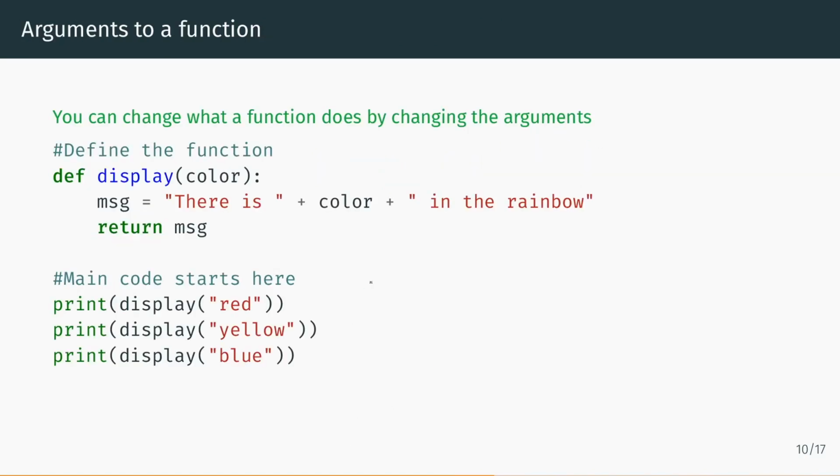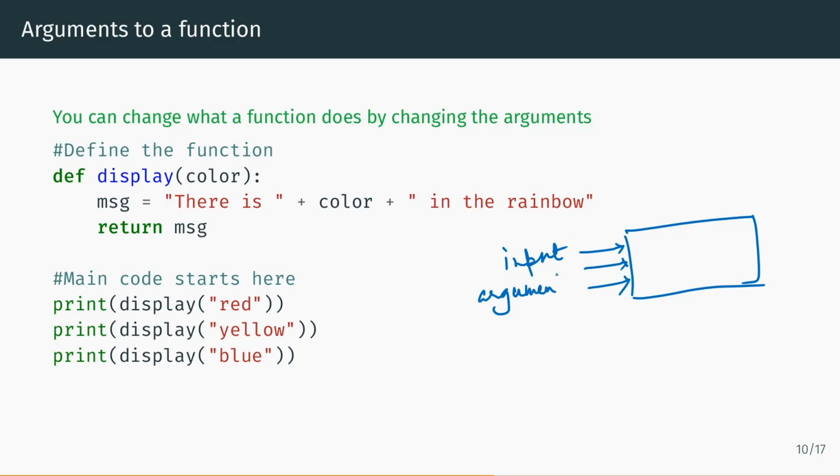Now arguments to a function is essentially, as we said before, if you think of a function as a black box, the argument is what you give the function as input. An argument is nothing but a fancy name for input. The reason we need arguments is that you can change what a function does by changing the arguments.